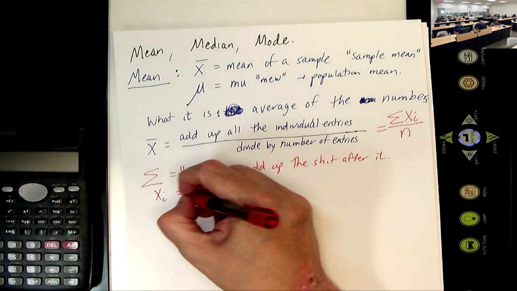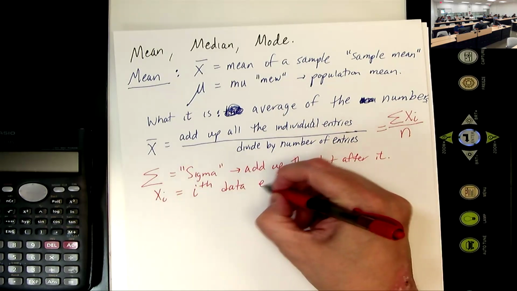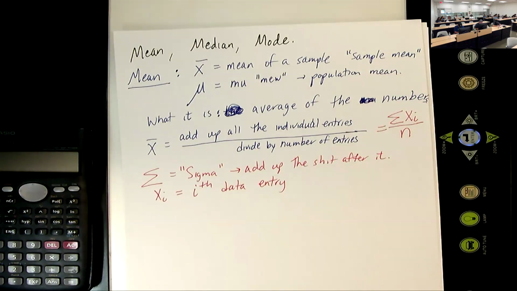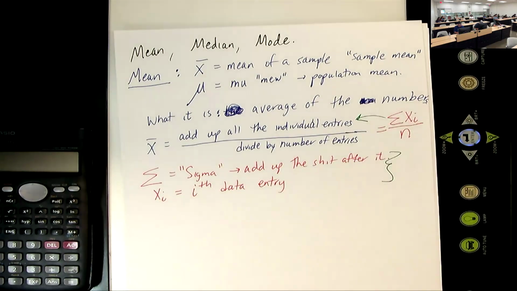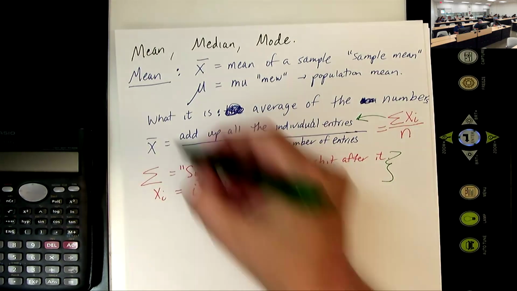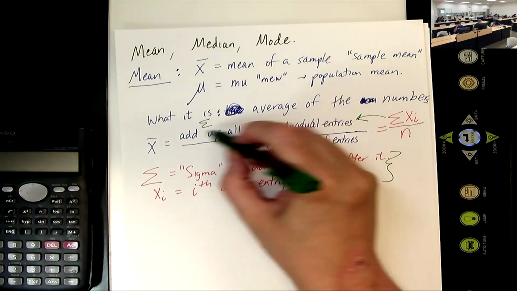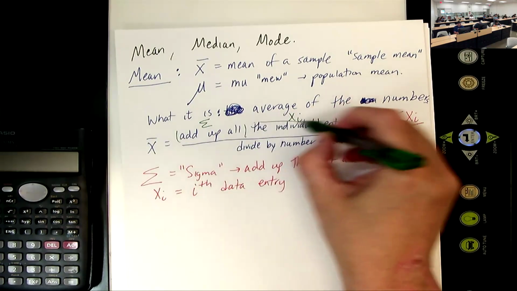Xi is your i-th data entry. So between the two, putting these together, that is how that means that. Add up, that's my sigma. Add up all of that, and then the Xi is this.